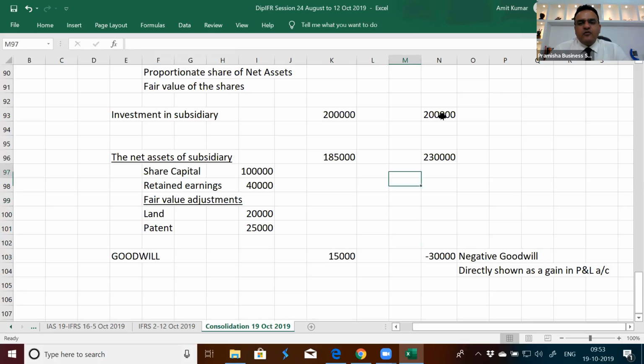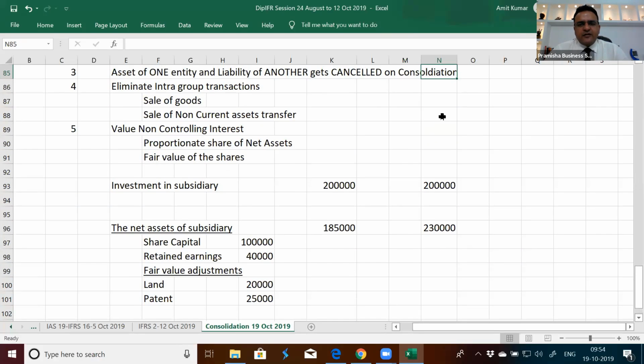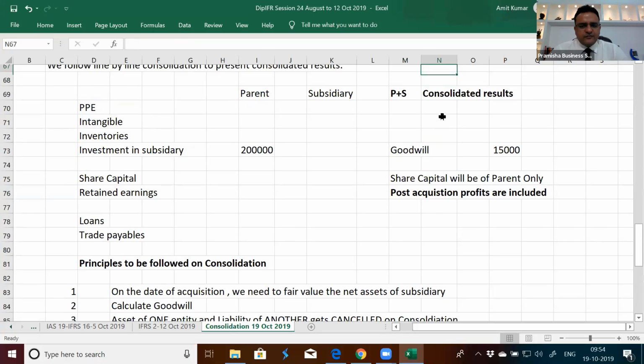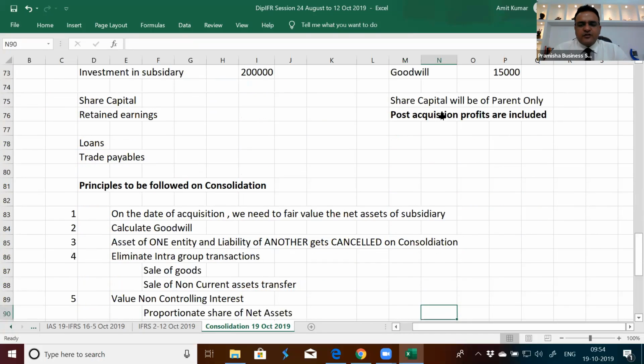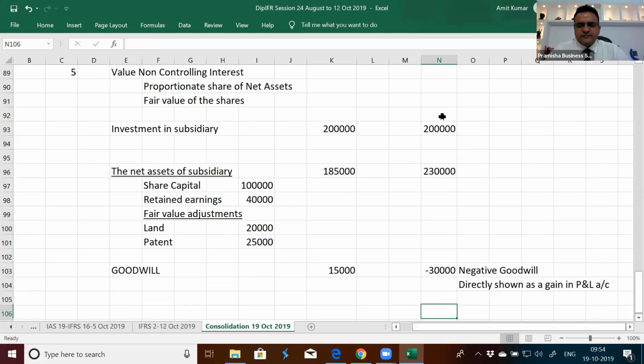This entire amount of 200,000 gets cancelled with 200,000. So the P&L will suffer by 30. Not suffer exactly. If you look at it, we have been successful in buying net assets worth 230,000 by paying only 200,000. So is it a gain?